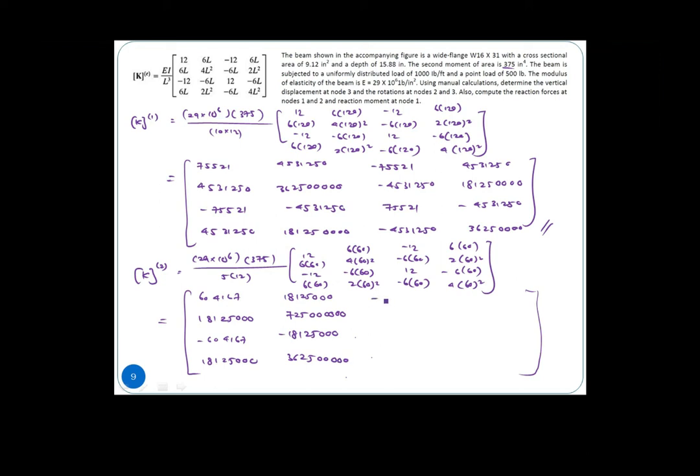Right, negative 604167, 4167, negative 1812500. Then we have 1812500, 3625. Then we have negative 1812500, 725. Right. That gives us the second stiffness matrix, right?